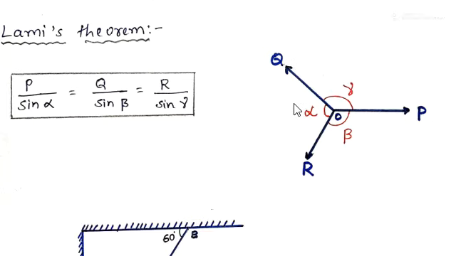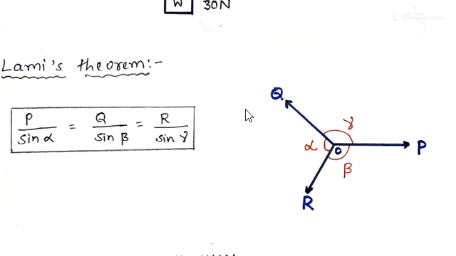We know from Lami's theorem that if three forces acting at a point are in equilibrium, each force is proportional to the sine of the angle between the other two forces.